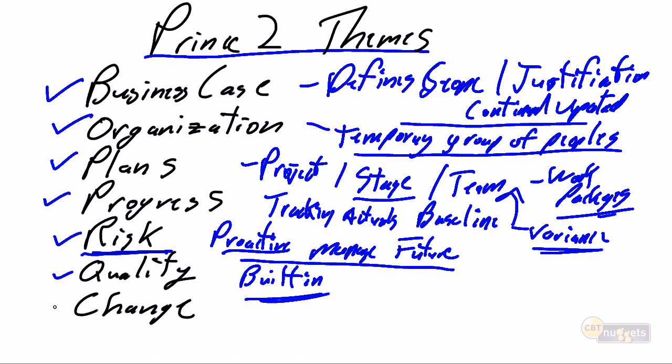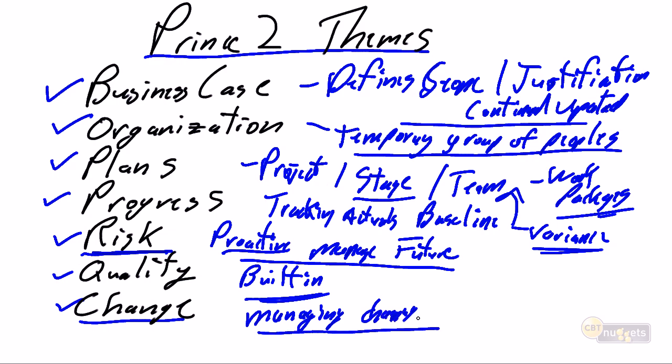And finally, change is inevitable, so we need to have effective change management so that we're managing change. And without trying to sound simplistic, if we don't manage change, change is going to take over our project, and change is going to turn into this thing that we always refer to as scope creep, except I always like to call it scope gallop, because change doesn't happen slowly if we don't manage it.